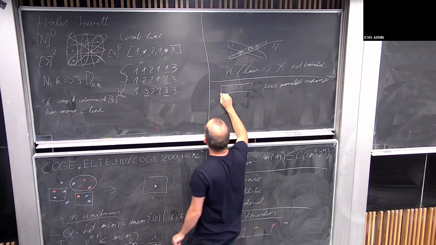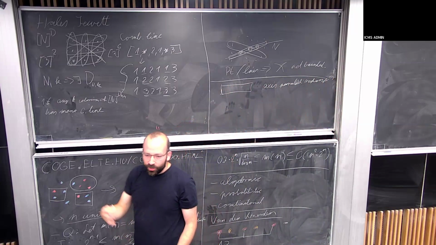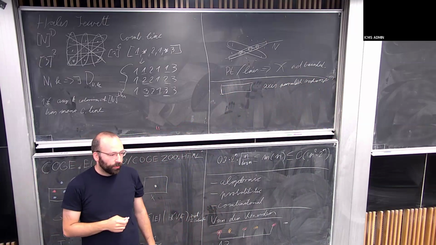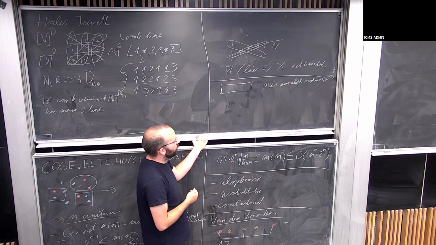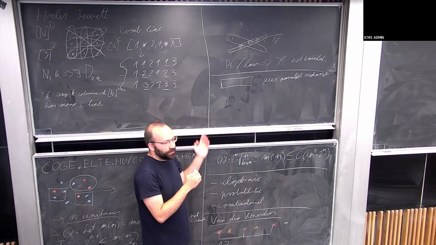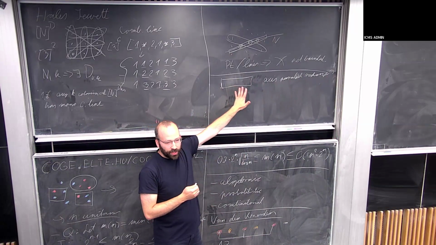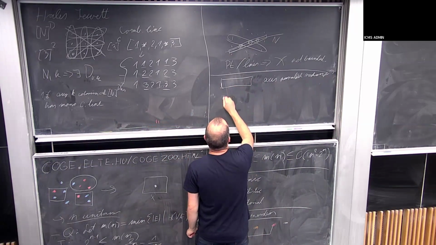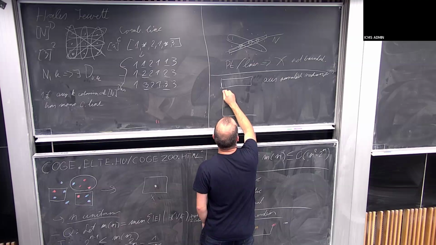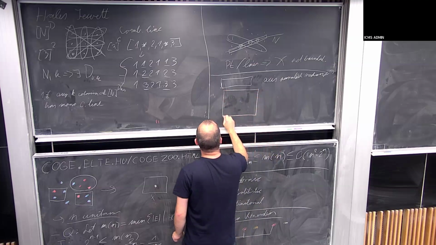Maybe if I don't allow rotation, the chromatic number will become bounded. And it doesn't. So this restriction is not enough. And the proof for this, I think, is very interesting because it's a probabilistic proof.